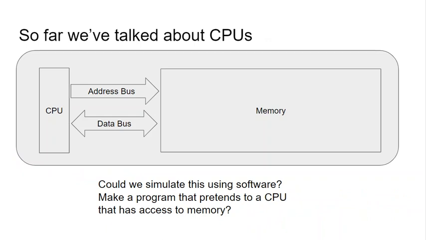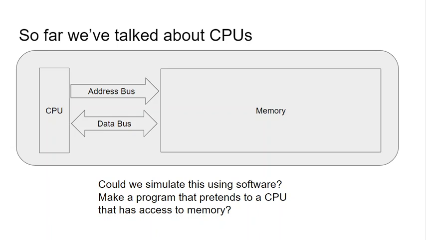We can take a CPU that's hooked up to memory, and we can emulate that using software. We can make a program that pretends to be that CPU. An emulator is just a program pretending to be a CPU hooked up to some memory and probably a sound card and graphics card and some peripherals or something like that.